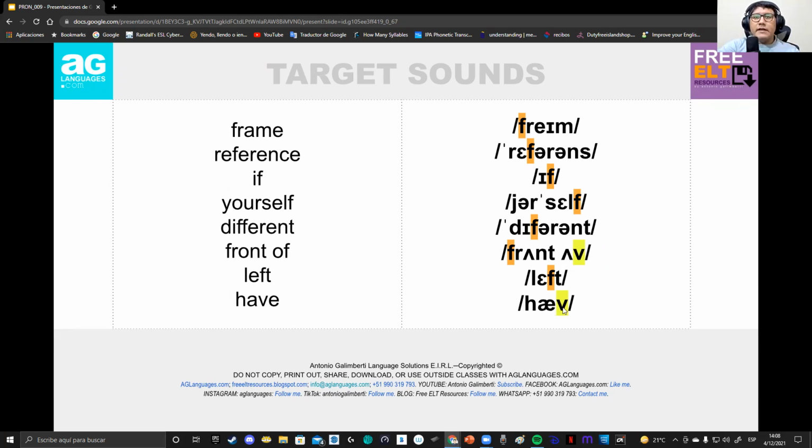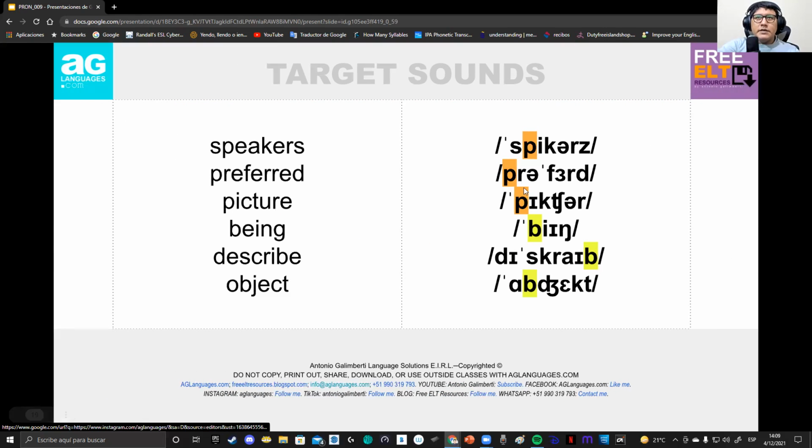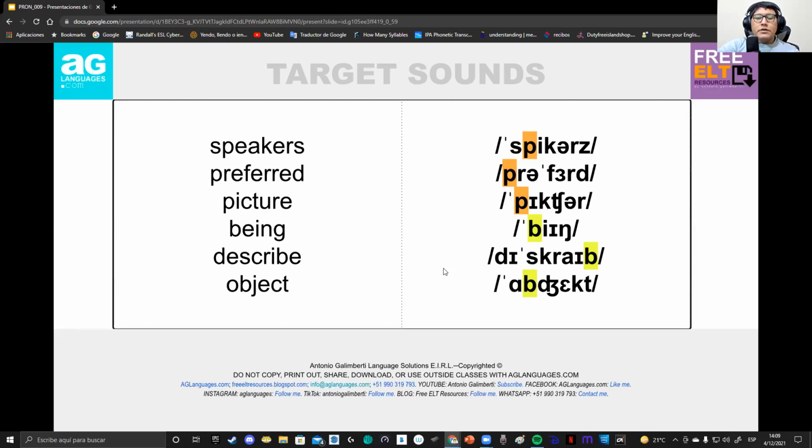And then finally we have the r sound, right, with a vibration in this consonant. So just to highlight this, the ones that are orange are voiceless and the ones that are yellow are voiced. That means there's a vibration when we make these consonants. So let's move on.